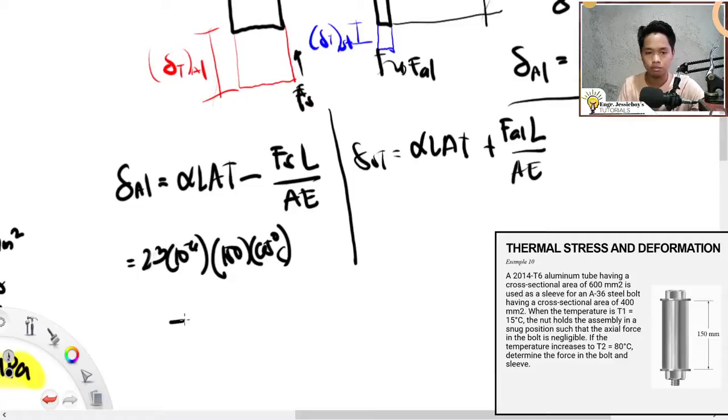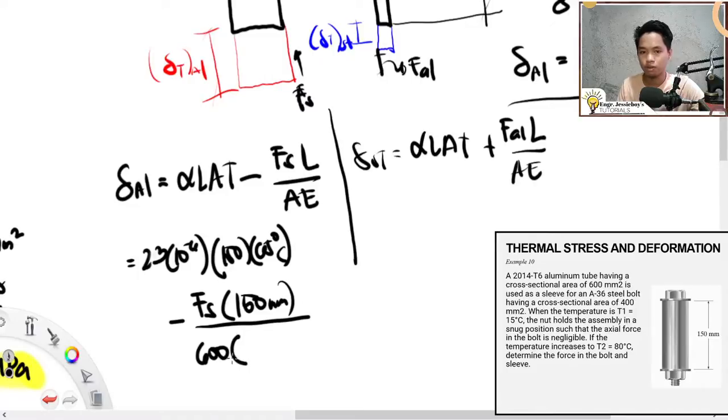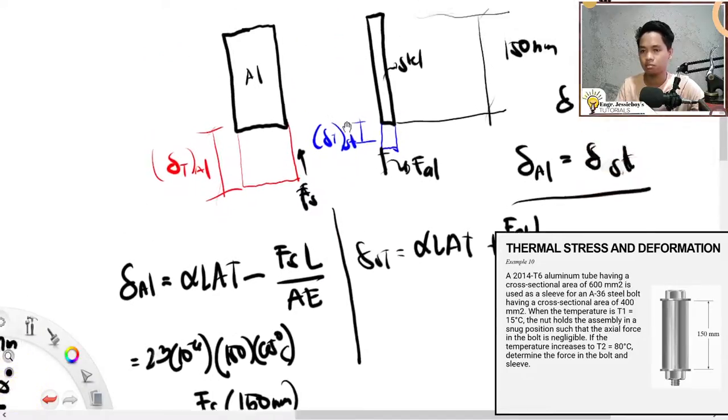So, minus the force exerted by our steel. The length is same gihapon, that is 150 mm over your area. What is the area of our aluminum? Nasa ubos, that is 600 mm. Then the E of your aluminum, pila E sa aluminum?